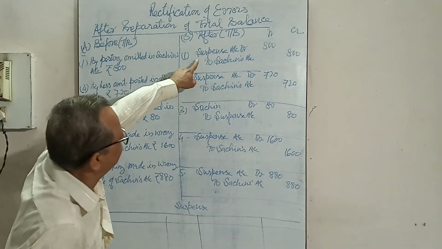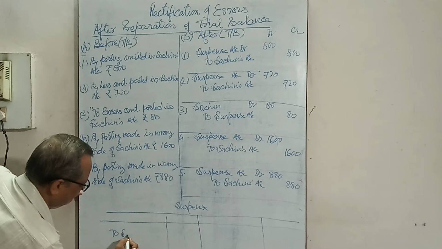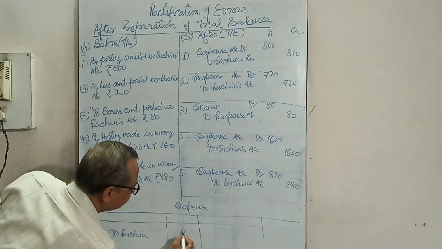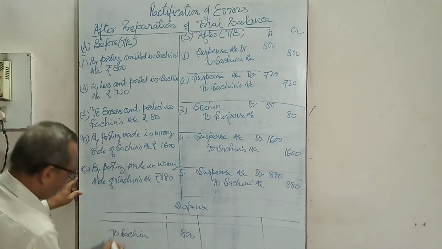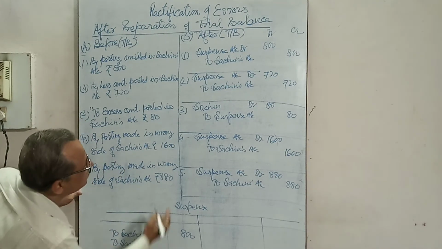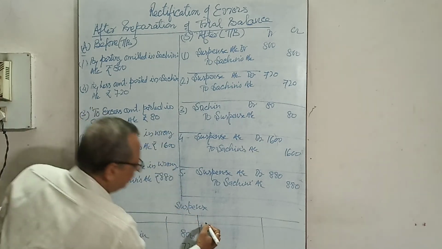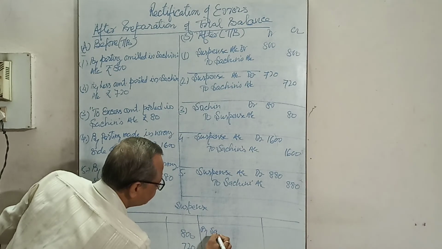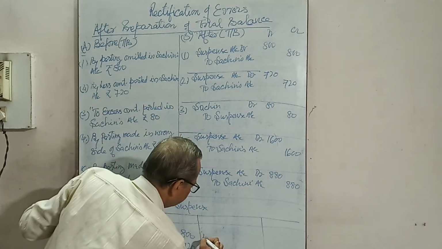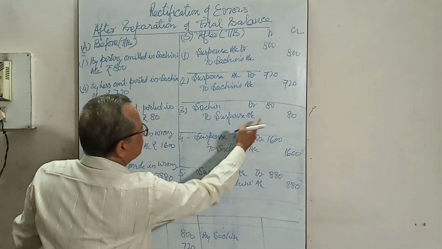The first is suspense account debit to Sachin, 800. Again to Sachin, 720. Here by Sachin, 80.